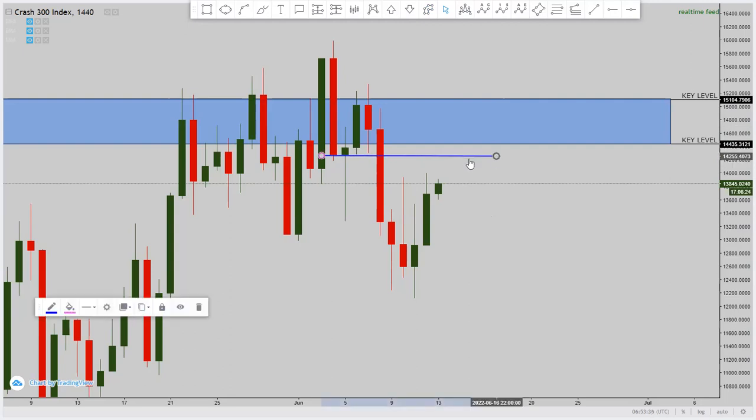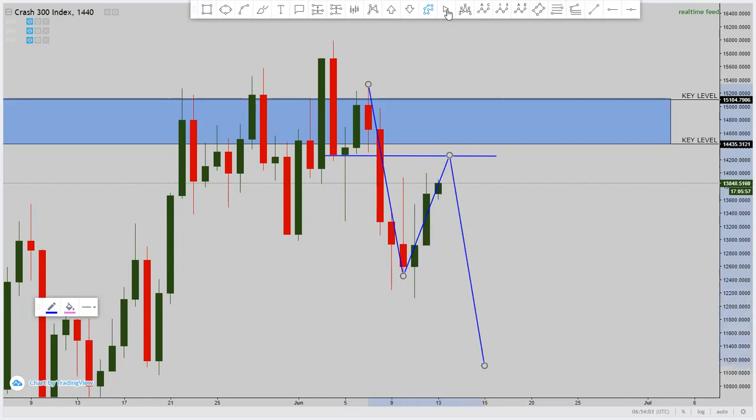So this retest will simply be a continuation of a bearish market structure, because we are saying we have a lower high here, then the break of this higher low to make a lower low here, to go back and make a lower high there, to come back and break this lower low.